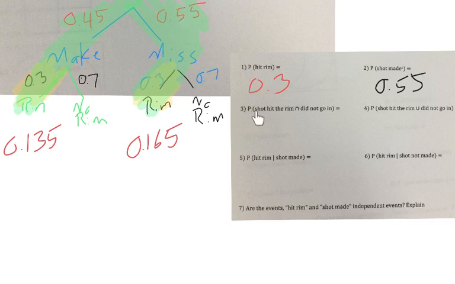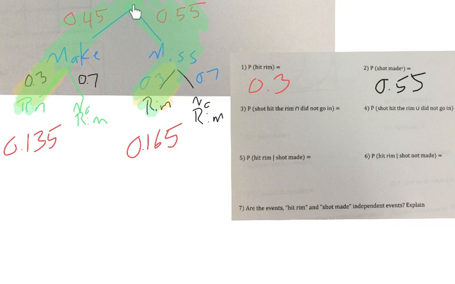What's this one say? It needs to hit the rim and not go in. Hit the rim and not go in. Shot hit the rim 0.3, and did not go in. So you have to multiply. That did not go in for the rim.